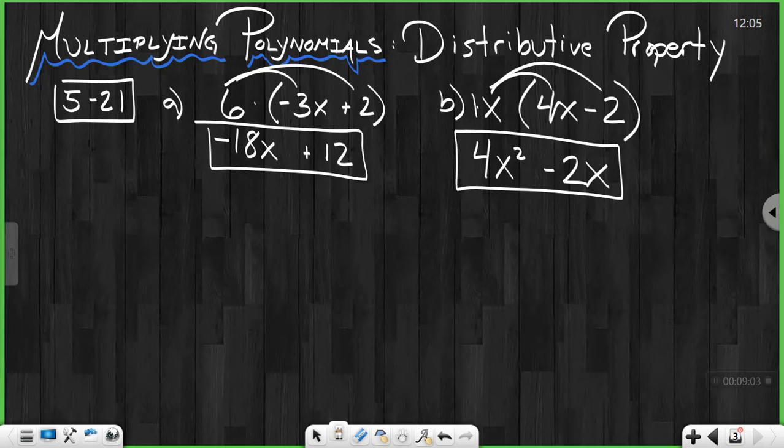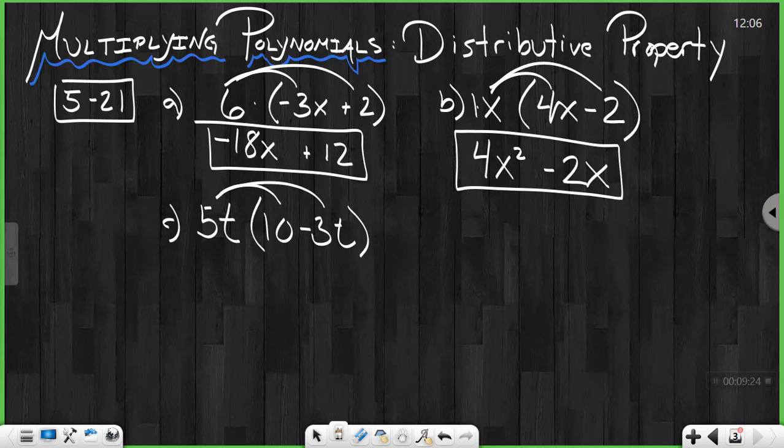Now let's put it together in C. All of a sudden in C we've got 5t, and we've got 10 minus 3t. So putting this together, we're going to do 5t, the monomial, times the binomial 10 minus 3t.